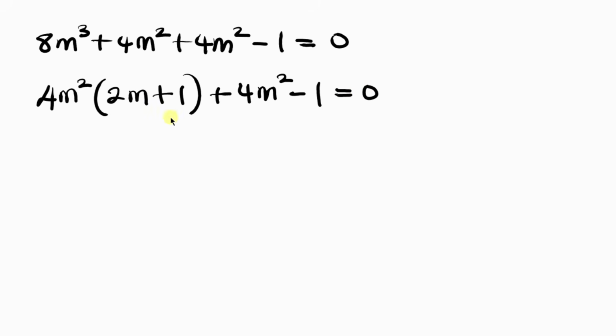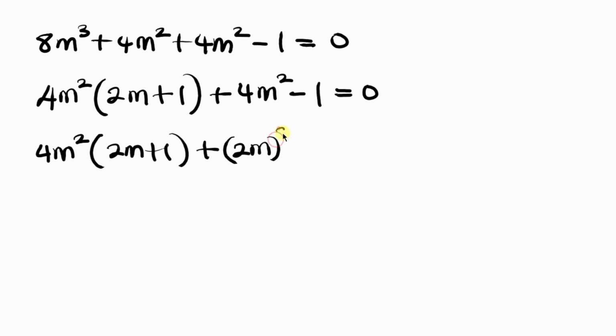Now let's simplify further. This is 4m squared times 2m plus 1, plus, now notice 4 is a perfect square, and m squared is also a perfect square, so we can write this expression as 2m all raised to power 2. Very good. Minus 1, and this is equal to 0. Also, notice that 1 can be written as 1 squared.